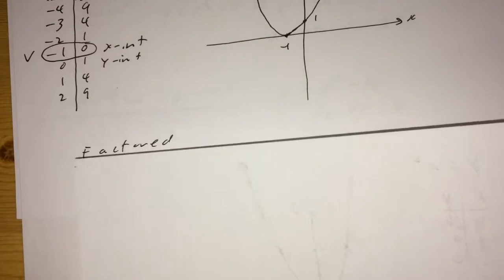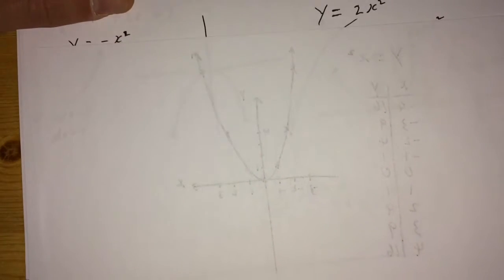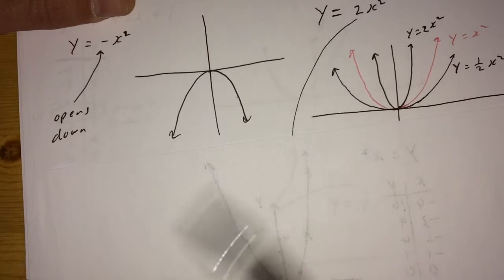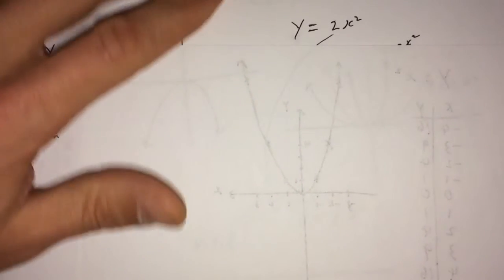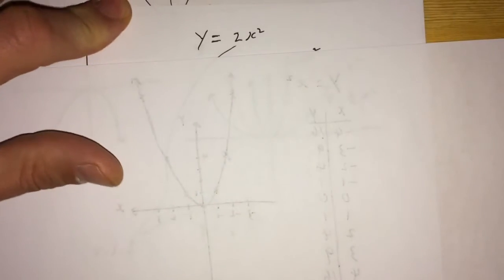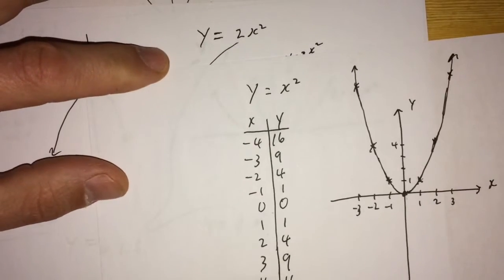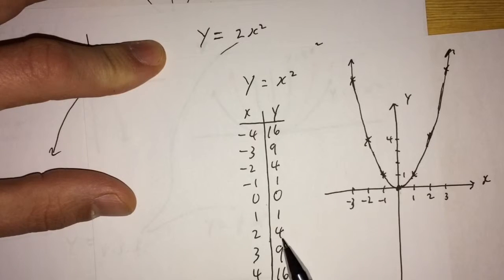Two more simple looks here are: what about y equals negative x squared? As I mentioned before, y equals negative x squared looks like this, opens down. What about y equals 2x squared? The table of values that we had for y equals x squared, all these would then be doubled.